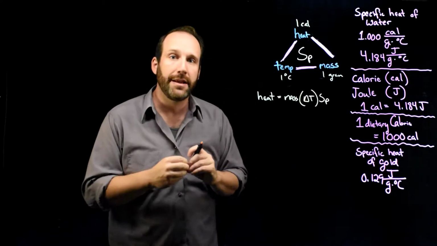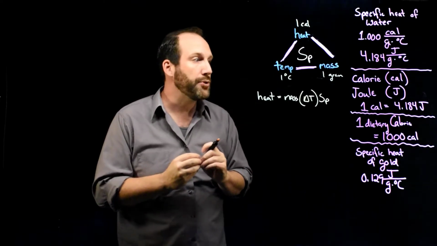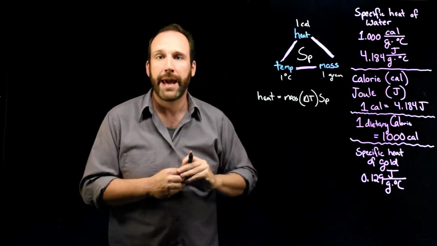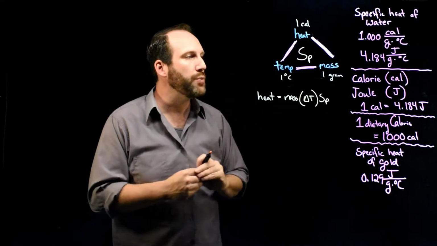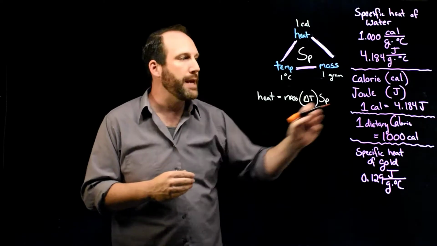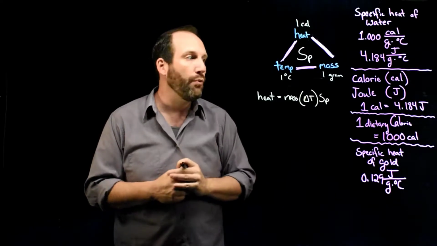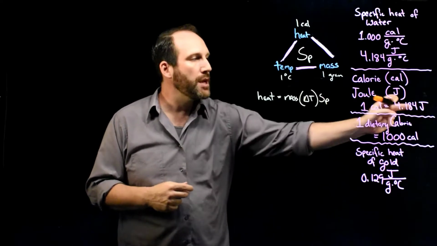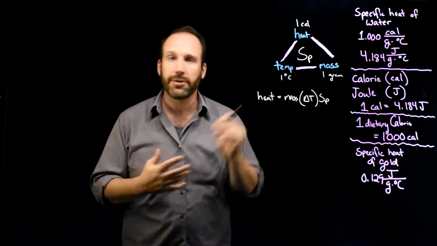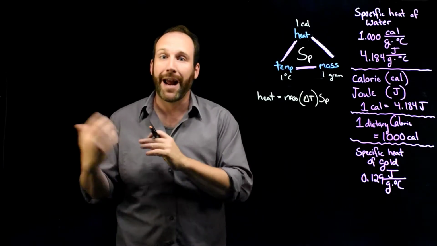All right, so calorie is one of those units of heat. Another unit of heat that's used quite often in chemistry is the joule. The relationship between calories and joules is that 1 calorie is equal to 4.184 joules. So this equality can be used as a conversion factor to convert from joules to calories or from calories to joules.